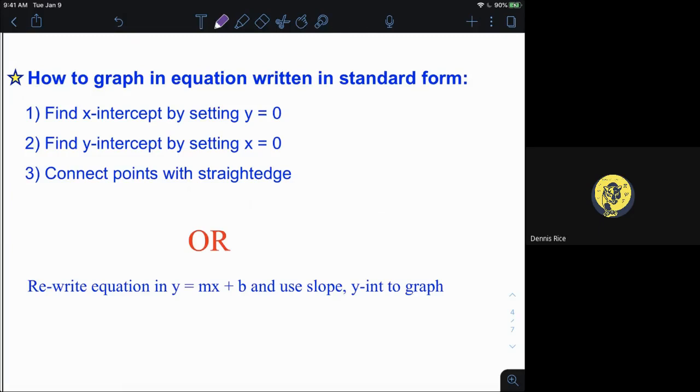You find the y-intercept by plugging in a 0 for x. That's because the other coordinate is always 0 when it hits that axis. And then it's solving a one-step equation, like we saw 2x equals 12 or 3y equals 12, just taking a second to solve that little mini equation. You're going to plot the 2 points and connect with the ruler. That's what a straight edge is.